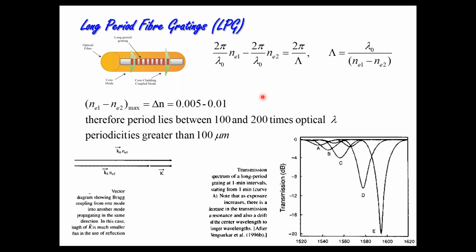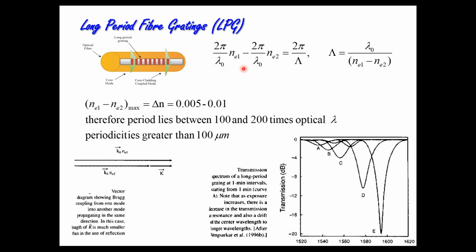One interesting point to be noticed here is that since it is propagating in the forward direction, while propagating, some of the energy is being coupled according to this equation. Selectively, some wavelengths are going to be coupled into the cladding mode, so that is going to be absent in the core transmitted power.